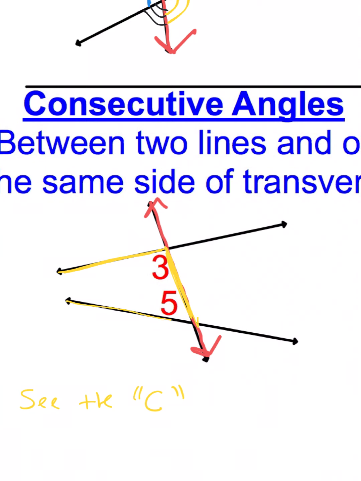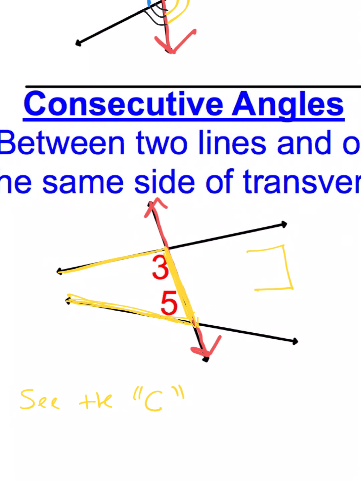Angle 5 is using this angle. Do you see the letter C? I know it's backwards, okay? It's like flipped, reflected, but it's a backwards C. Consecutive angles are between these 2 lines, and they're on the same side of that transversal.